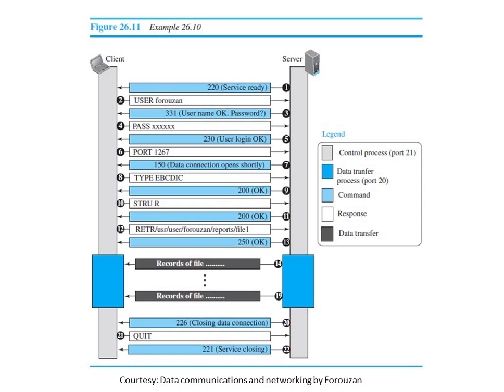Now we'll be moving towards the generalized structure, how exactly the file transfer takes place. Through this process you can understand. Initially, the server will send the message, okay, the service is ready. The client will send the user information, and the server replies user is okay, send the password.